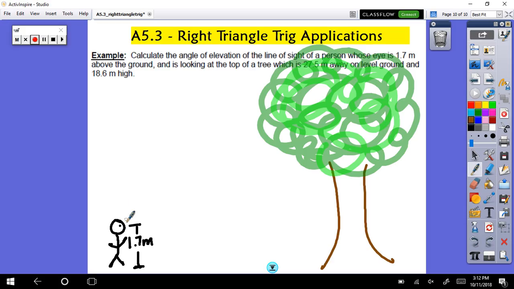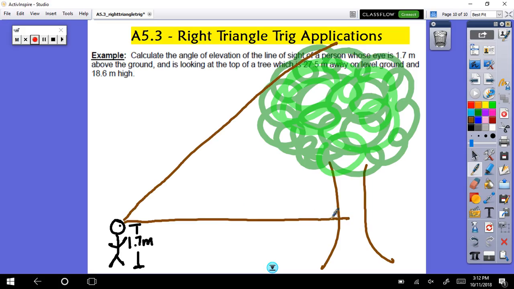Our person is looking at the top of this tree. They are 27.5 meters away from the tree, and the tree is 18.6 meters high.